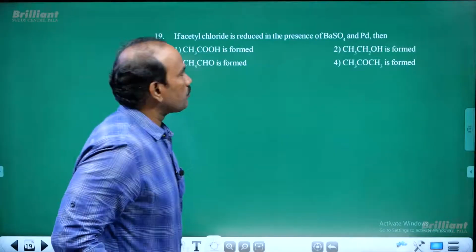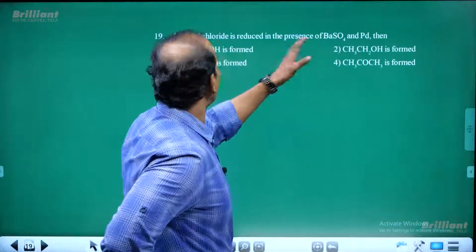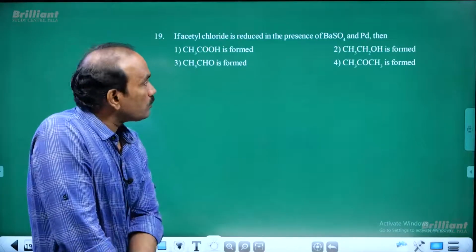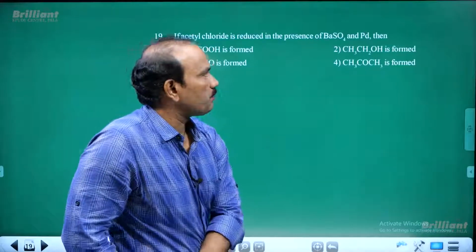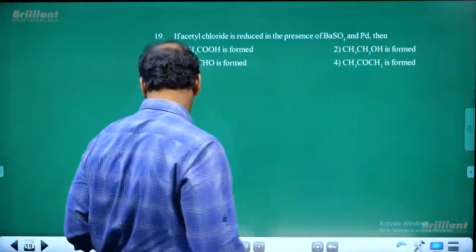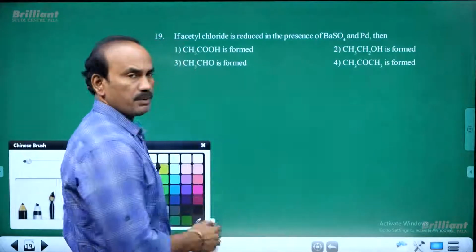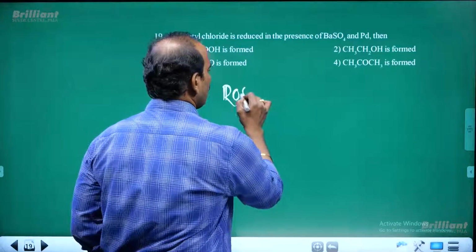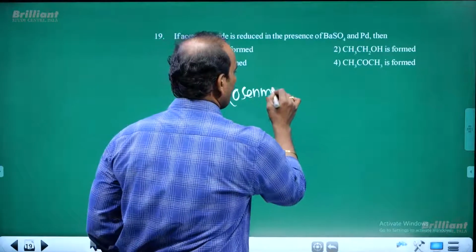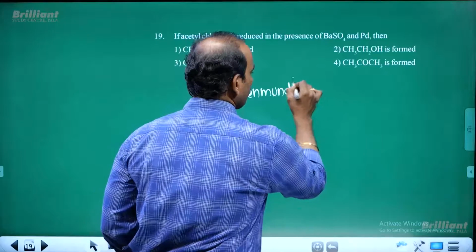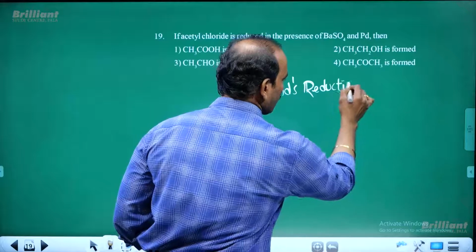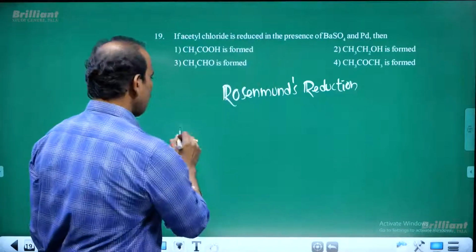Acetyl chloride reduced in the presence of barium sulfate and palladium. What is the Rosenmund reduction? A special preparation of aldehydes. Rosenmund's reduction. What is that?